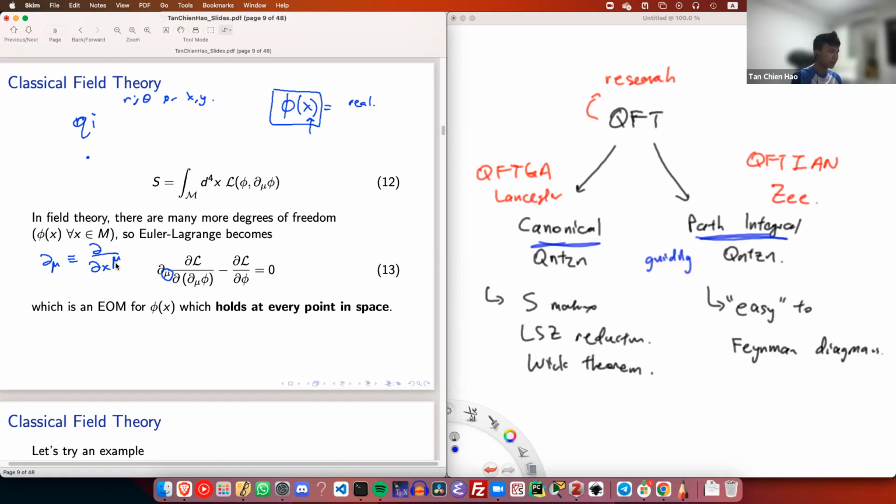One can actually show that this partial derivative transforms like a covector. Even though the mu is in the upper index of x, when you put it in a denominator, one can show that it transforms like a covector.